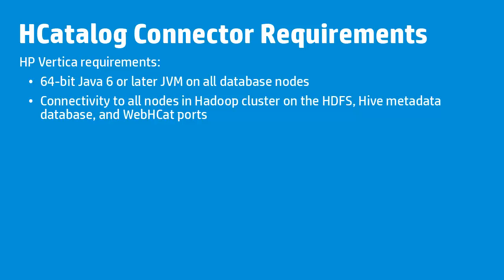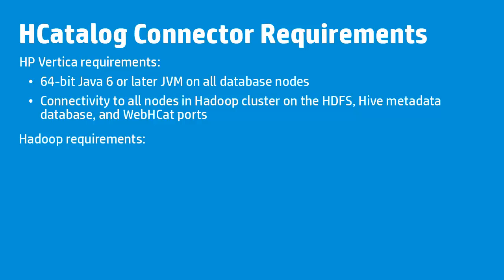In addition, the nodes on your HP Vertica cluster must be able to connect to every node in your Hadoop cluster. Any firewall between the two clusters must allow connections on the ports used by HDFS, the Hive metadata database, and the WebHCat server.